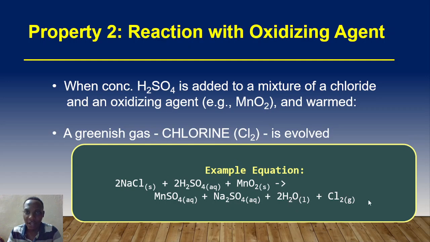So this is the second property of the metal chlorides when they react with an oxidizing agent. As you can see, they liberate the greenish chlorine gas. So that's clear for the second property.